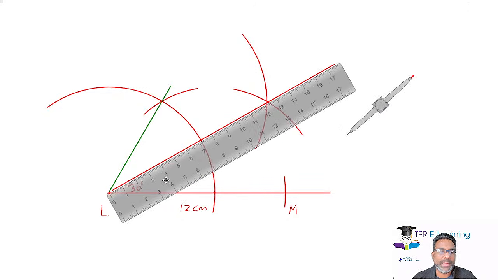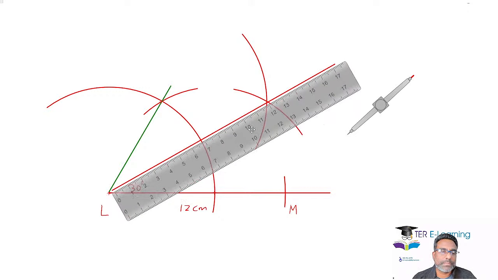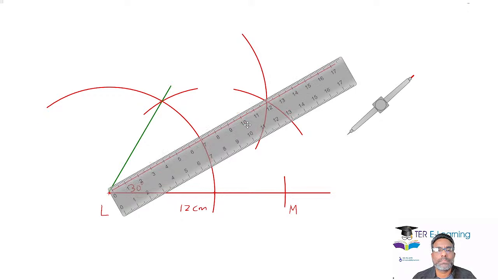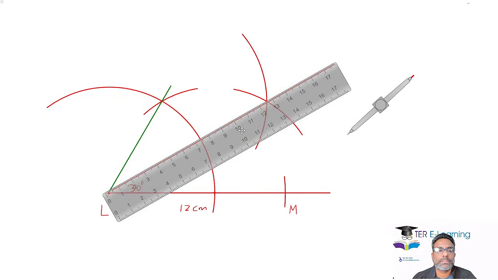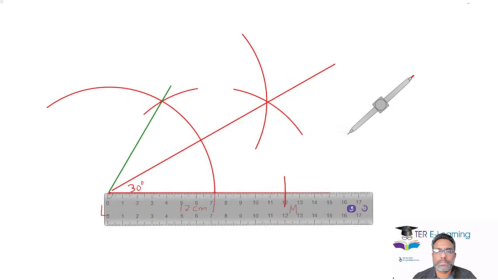That line LM, I'm just going to make it a little longer.